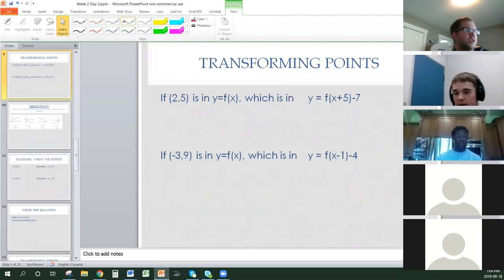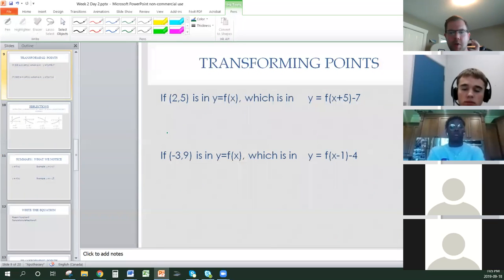Here's a different type of question that we could be asked. So in this one, they are asking about transforming a specific point. So if we have a function and we know that the coordinate 2, 5 is on the function, then how does that point translate or transform with these transformations being applied?